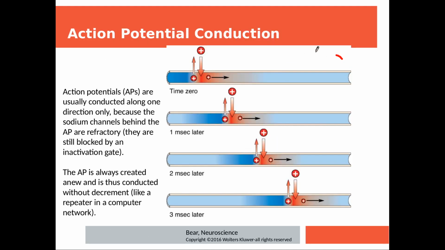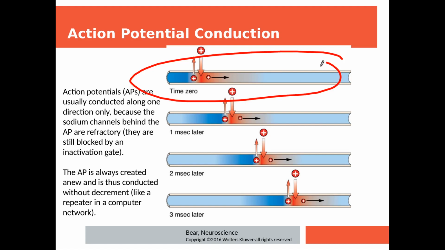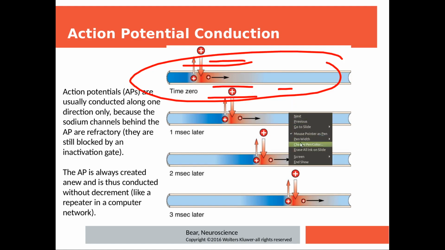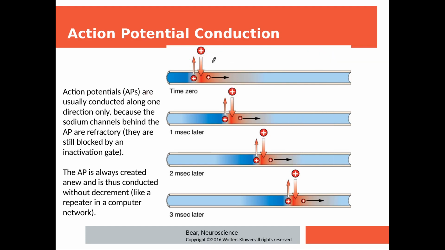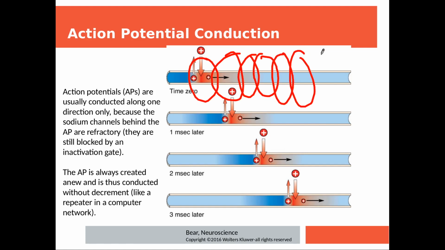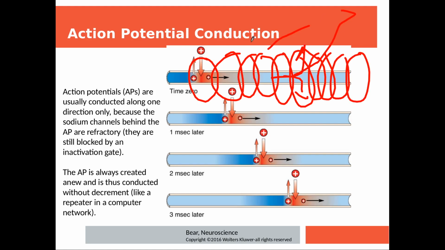Of course, this is the situation for an unmyelinated axon with no fat surrounding it. But it's very inefficient because you have to create an action potential at every little section of the axon, which takes a lot of energy. And also it's inefficient because the current is flowing into and out of the cell and diffusing all over the place.